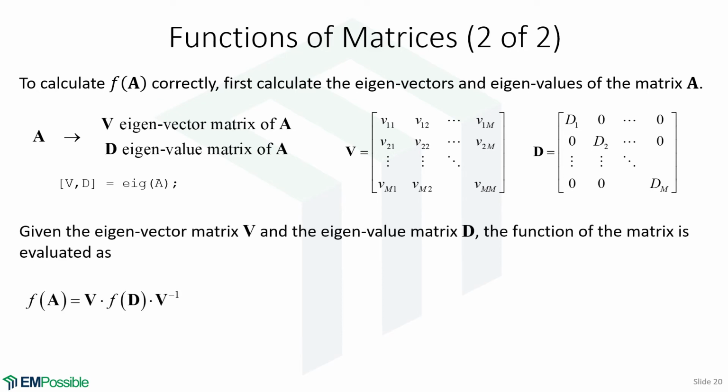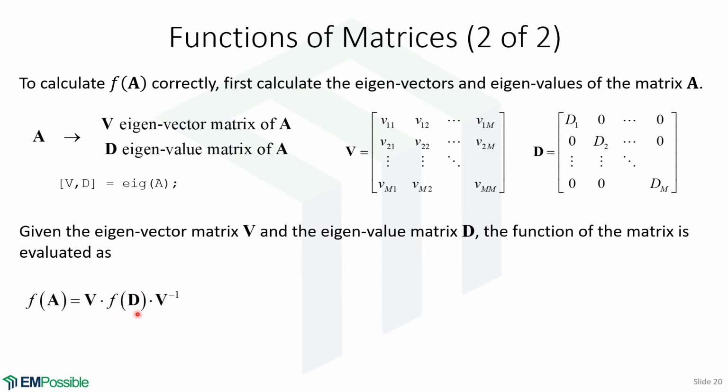So if we want to apply a function to some matrix A, this is what it equals: the eigenvector matrix times that function applied to our eigenvalue matrix, and then divided by the eigenvector matrix again.